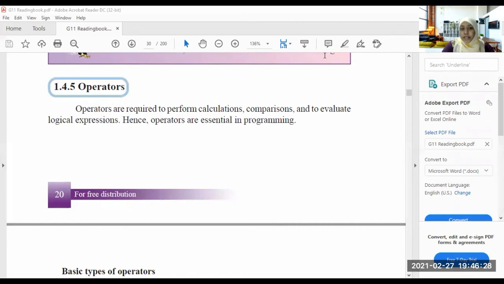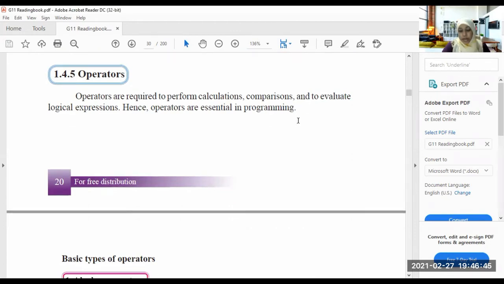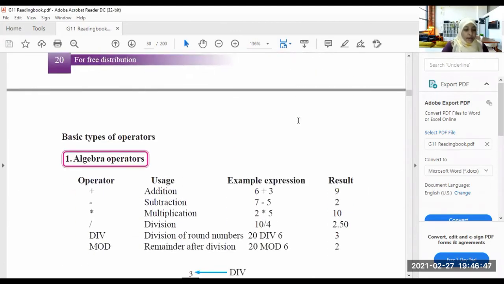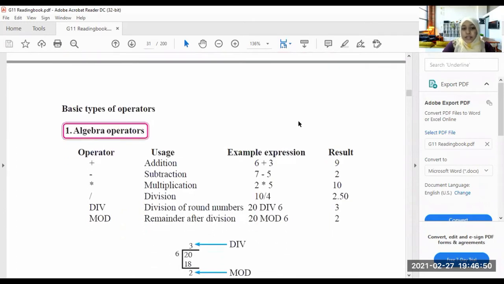Fine. So as I told you, operators are used to perform calculations, comparisons, and to evaluate logical expressions. There are basic types of operators, and that is normal.